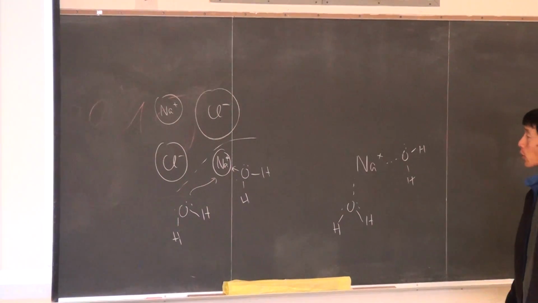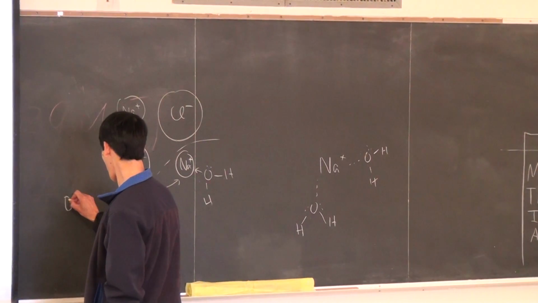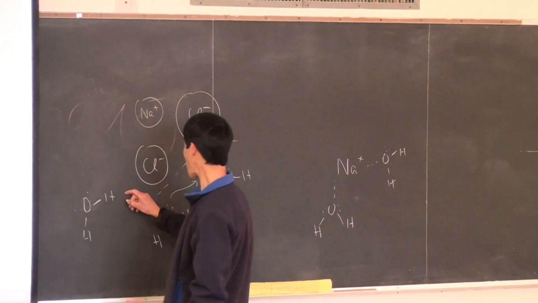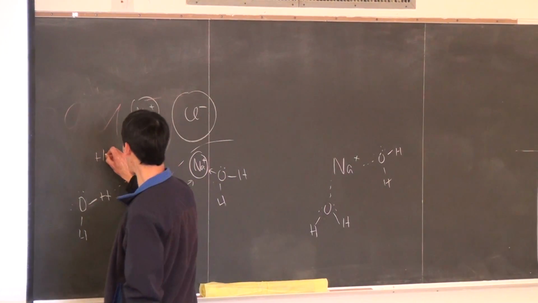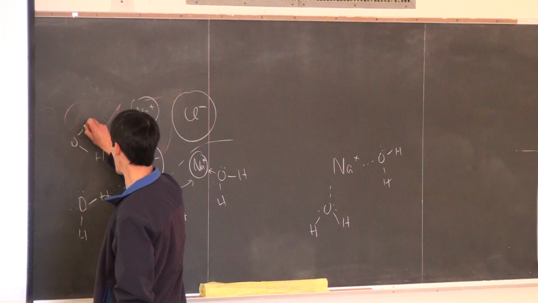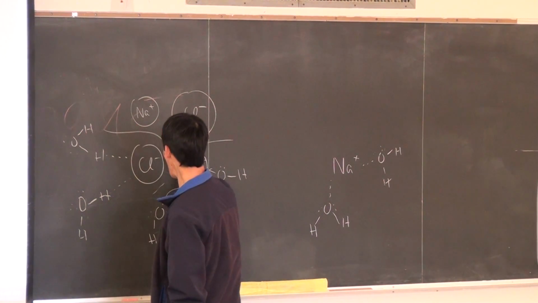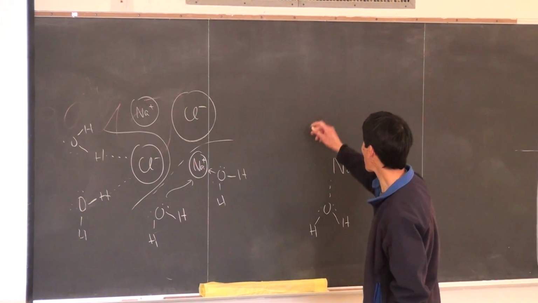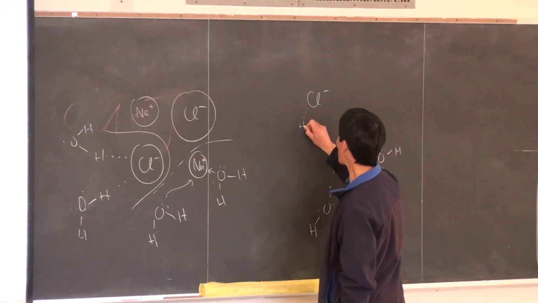And the same thing is true with chloride. So here's our chloride ion. It can be hydrated by water. These water molecules can carry away the chloride ion, and it will be surrounded by water molecules.